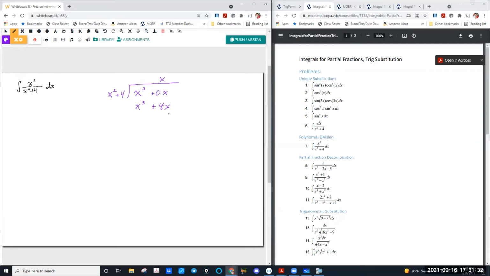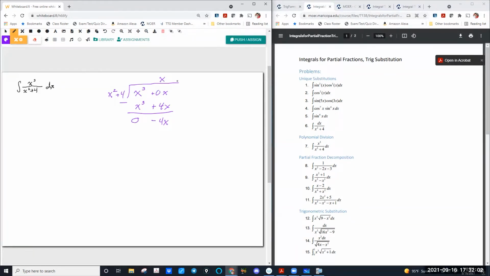It's kind of like having 0x here. We subtract down. This is the same long division algorithm done with numbers since you were younger. And then we subtract going down. X cubed minus x cubed, that term goes away. 0x minus 4x is a negative 4x. Okay. Next you say, okay, is there any whole multiple of x, integer power of x?